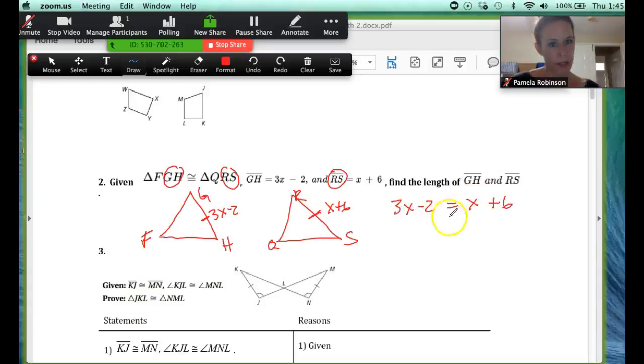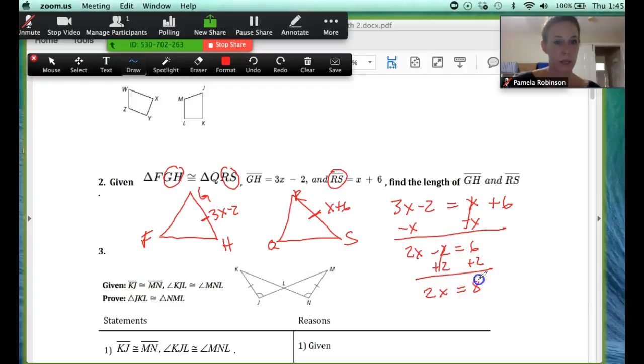Go ahead and do the algebra. Gather your x's together by subtracting x to this side. Then you get 2x minus 2 equals 6. Move the constant to the other side, and you get 2x equals 8. Then divide by 2, and you get x equals 4.